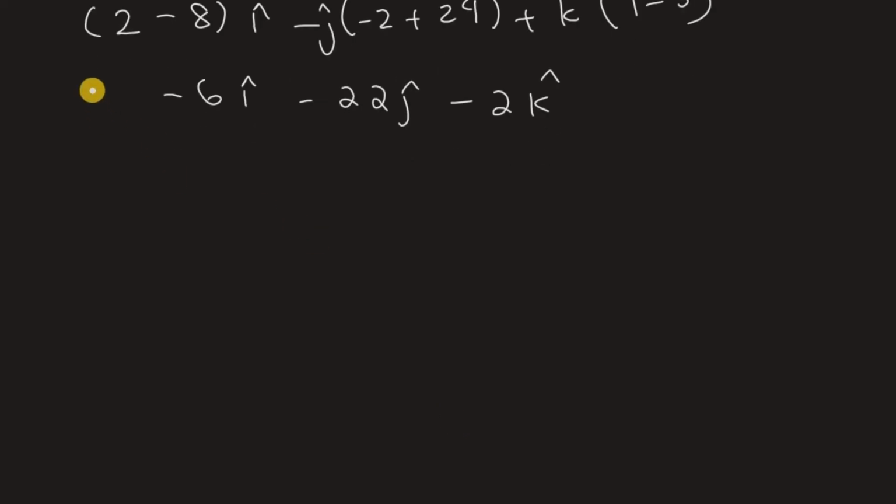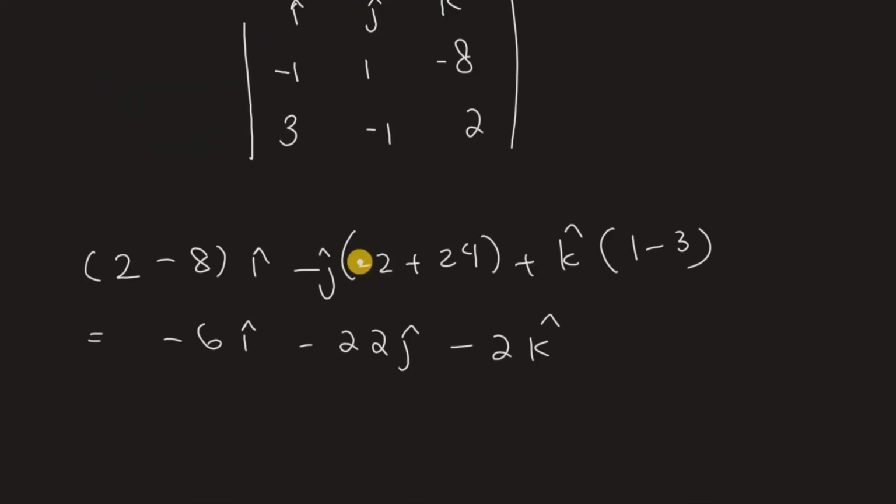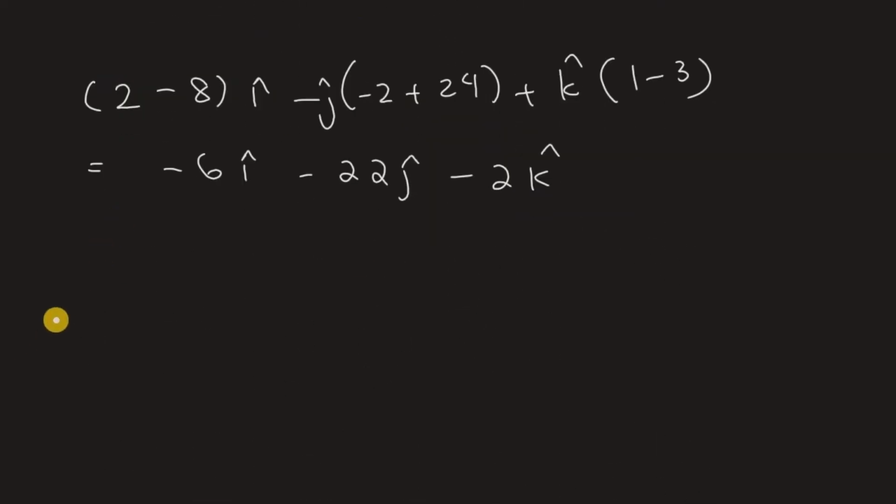So this is your normal vector now. To find the equation of the plane containing the point, you take this normal vector and plug it into the equation of the plane.